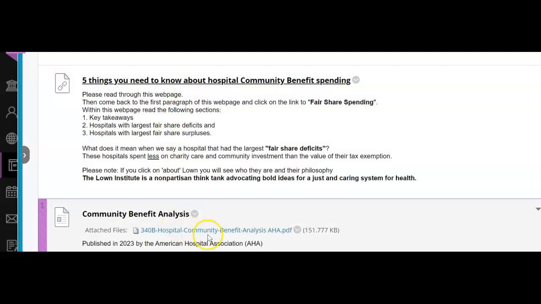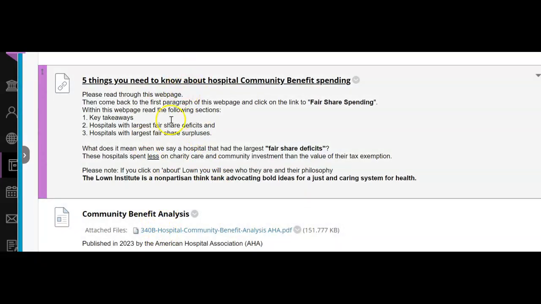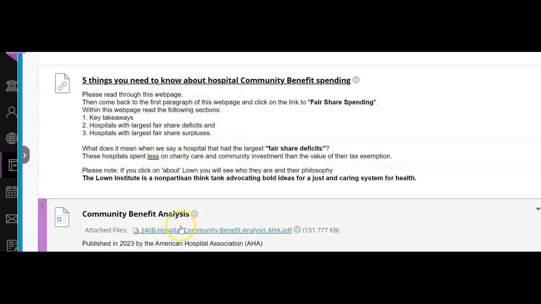I'm not saying that the American Hospital Association by any means is lying. It's just that you know how that is. We have information, we have data, but how we present it can sometimes really impact the understanding of things. So it's going to be nice for your discussion board that you have read through both of these.